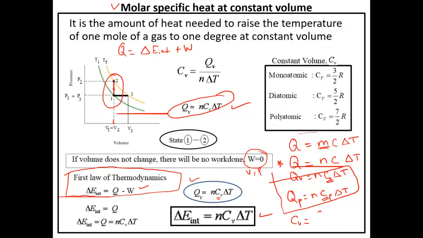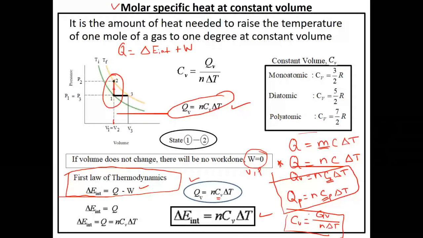CV is equal to, you will get like this. So this is the rule for molar specific heat. If you want to write the definition, better write this equation and explain each and every term. That's enough. Clear? Clear.